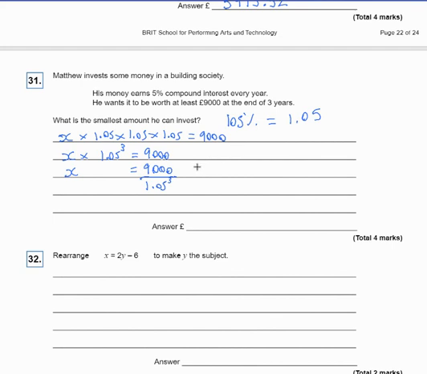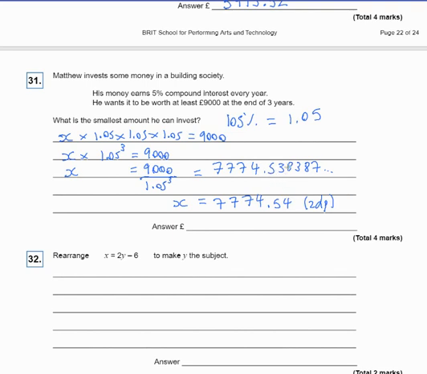So that's going to give me an X value of 7,774.53837 and so on, and to 2 decimal places, that is equal to 7,774.54. Just as a side note, it's actually quite important.